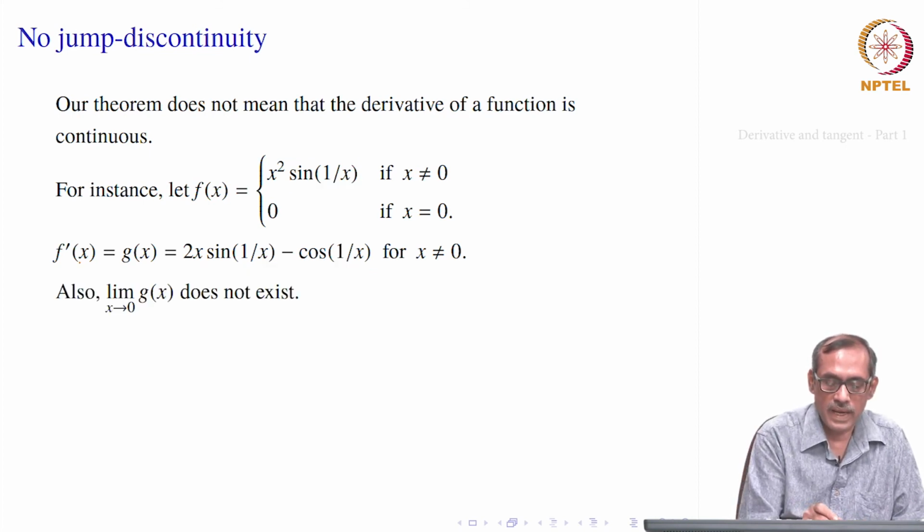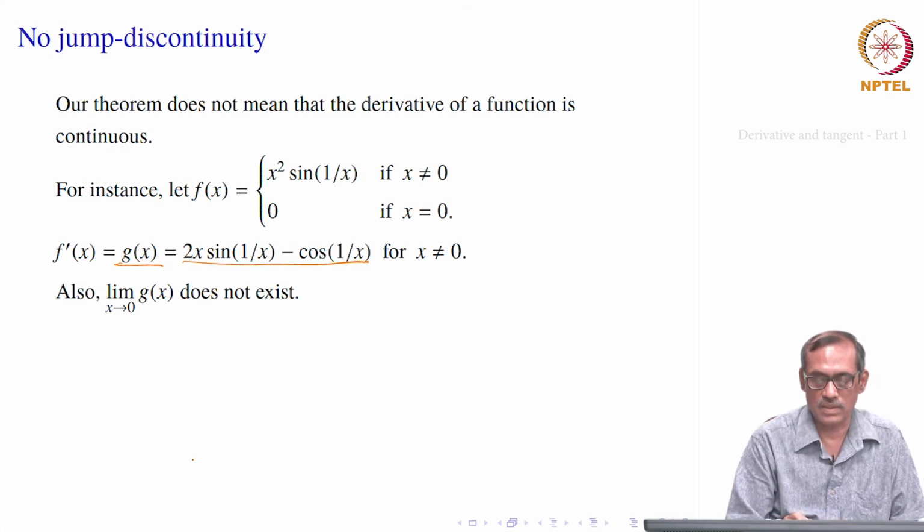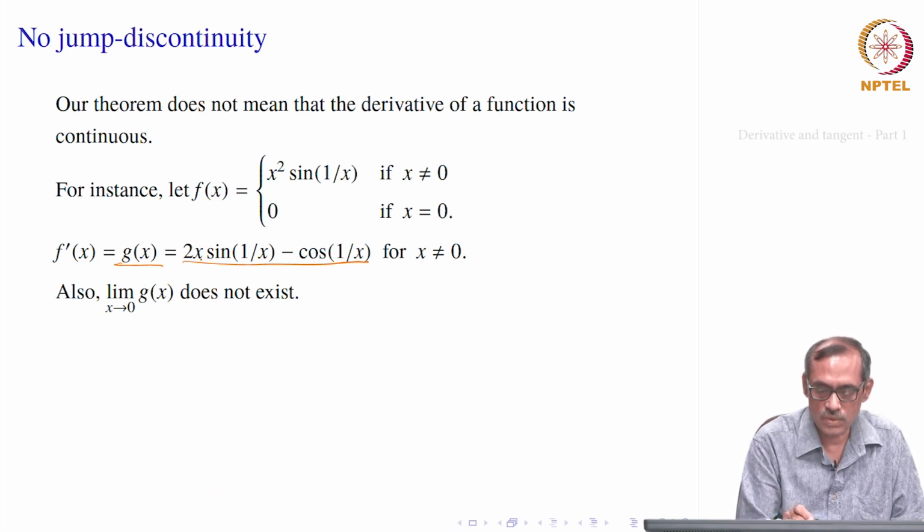Now, you see that this new function, which is f prime x, which I write as g x, the limit as x goes to 0 does not exist. Why is it so? Of course, in 2x sin 1 by x, as x goes to 0, sin 1 by x is bounded by 1 and minus 1, so this gives 0.